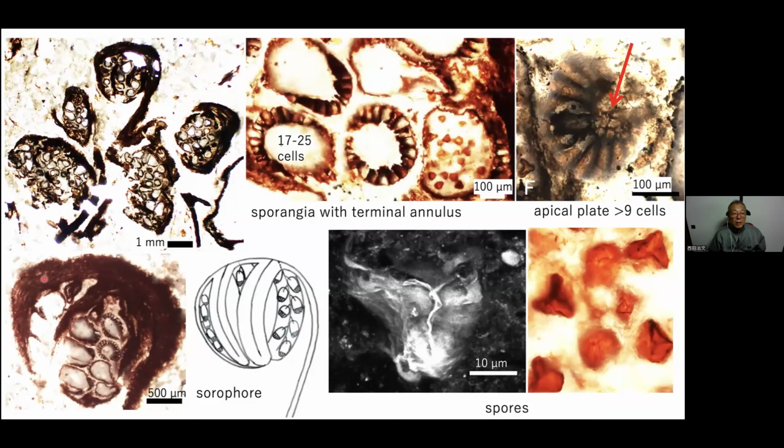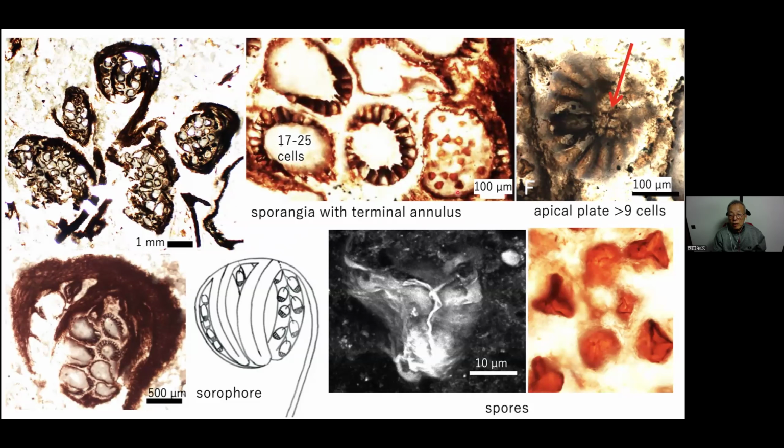And about this Antarctic material, we made a preliminary taxonomical comparison, and these are the summary of the structures. Each sporangium has 20 to 25 cells of the annulus, and spores are preserved sometimes.